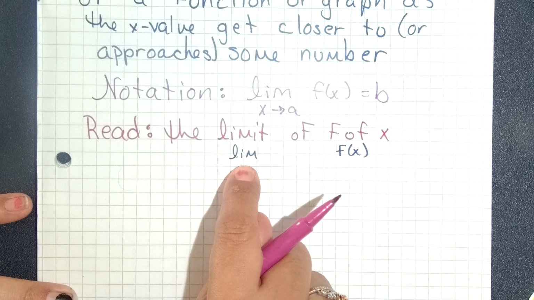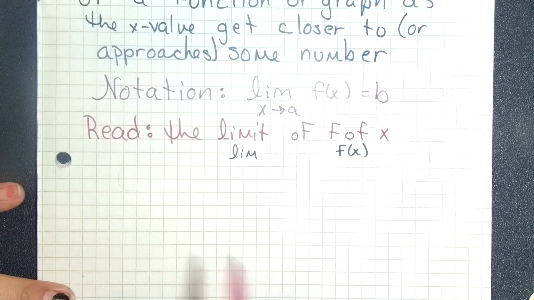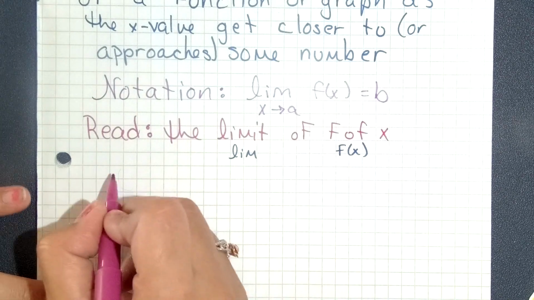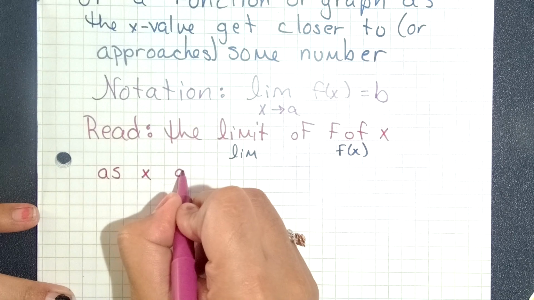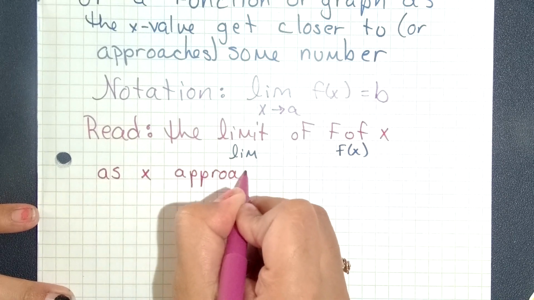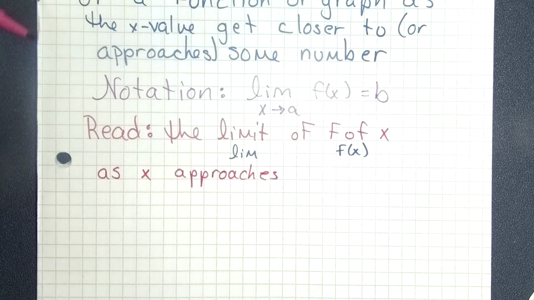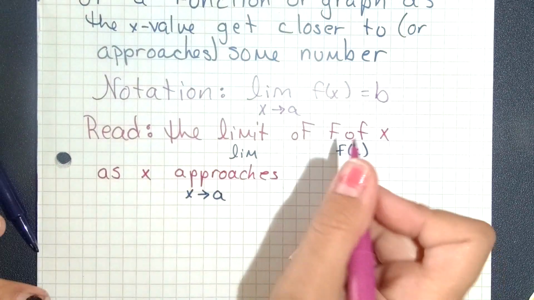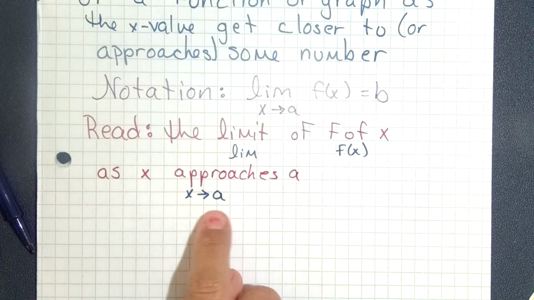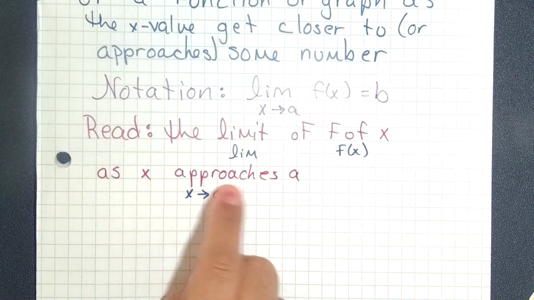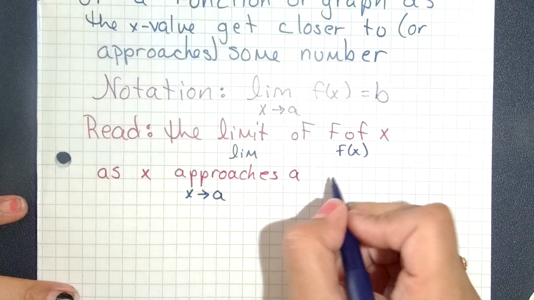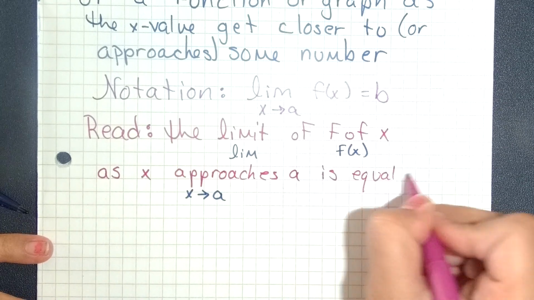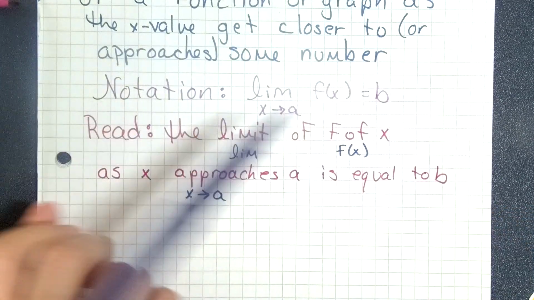So limit is the symbol lim, f of x, as x approaches a. So x arrow a is x approaches a, is equal to b.